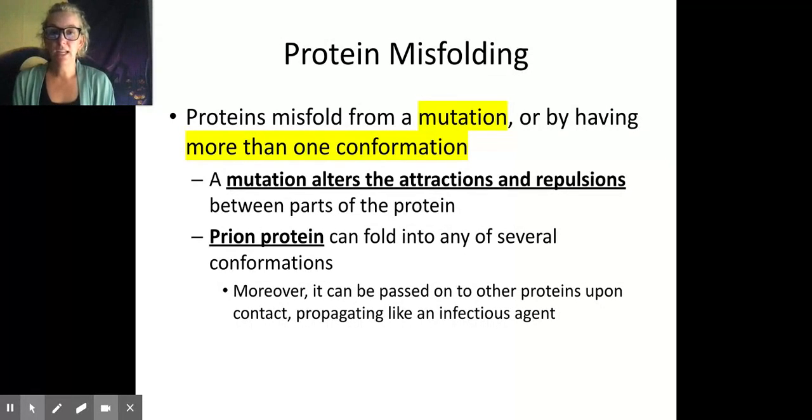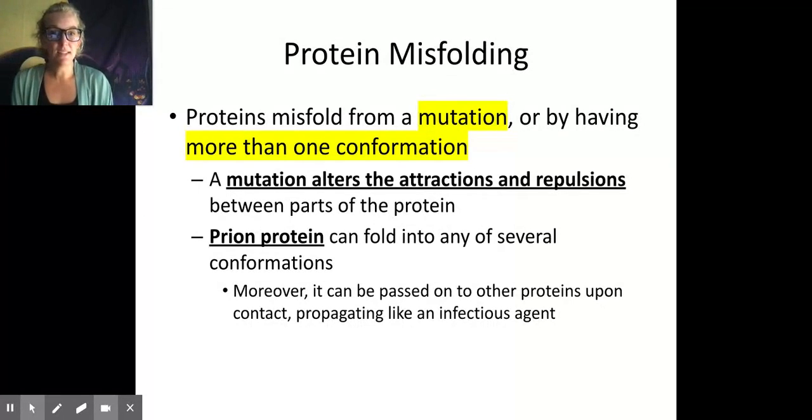Once a protein has been misfolded, if it happens to be a prion protein, these prion proteins can actually change properly folded proteins into misfolds.